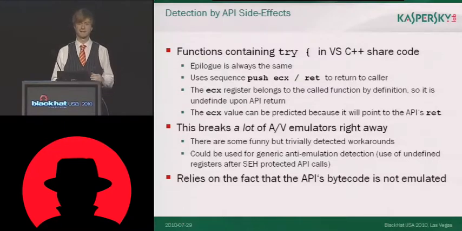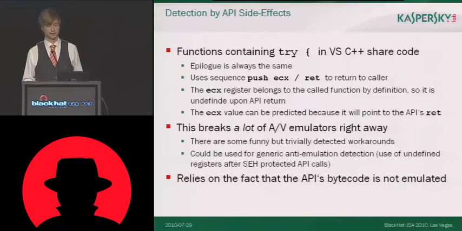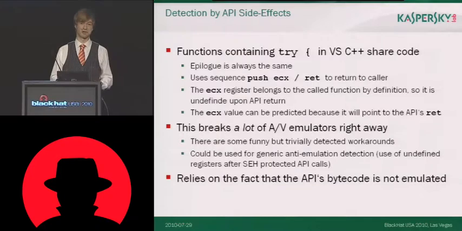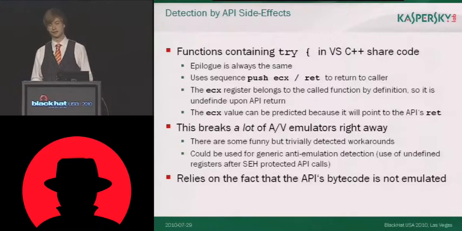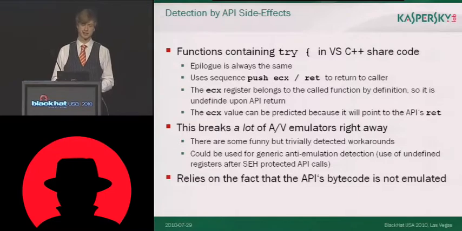That means the contents of the register are undefined upon function return, and real-world code shouldn't care about the register value. If it uses the register itself, then it should push it and then pop it before the API call to save the value in it. But because there's this fixed bytecode, push ECX and return, in all these SEH protected functions, it's possible to predict the value in the ECX register.